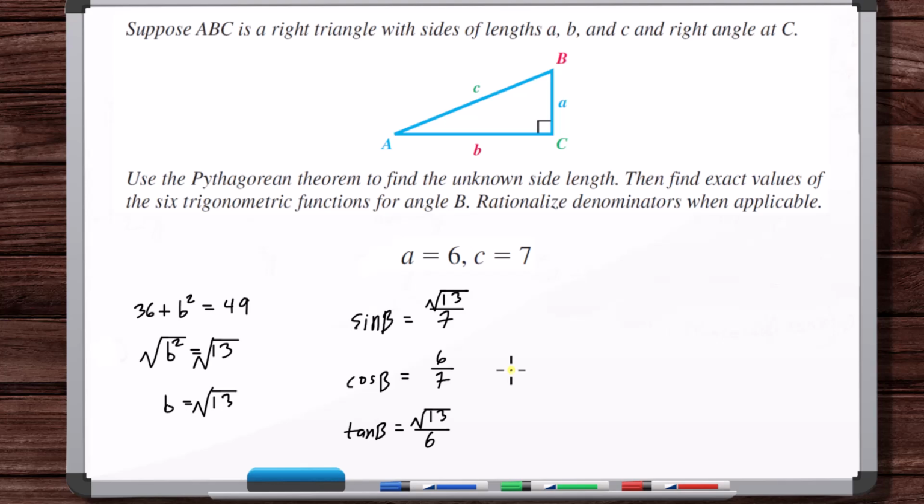Okay, so secant of B is 7/6, and now we're going to have to rationalize here. So cosecant of B is 7 over root 13, so times root 13 over root 13 is 7 root 13 over 13.